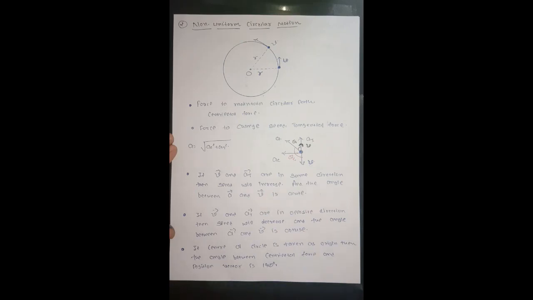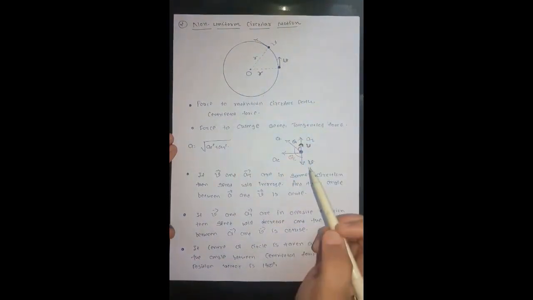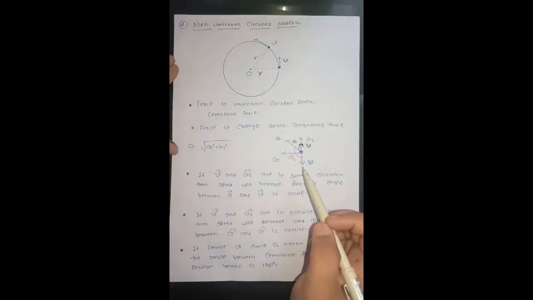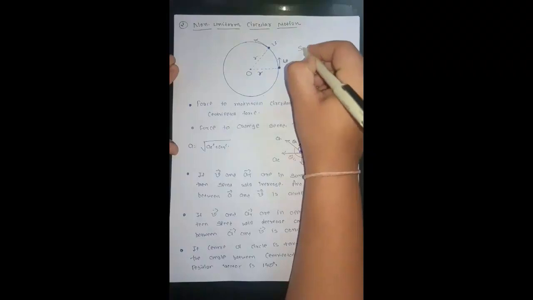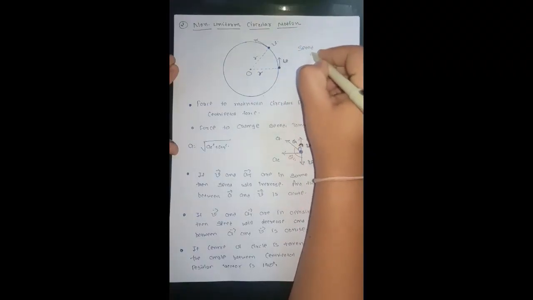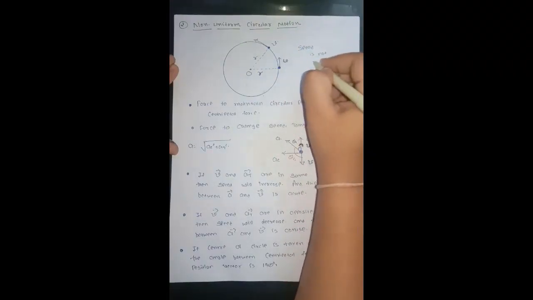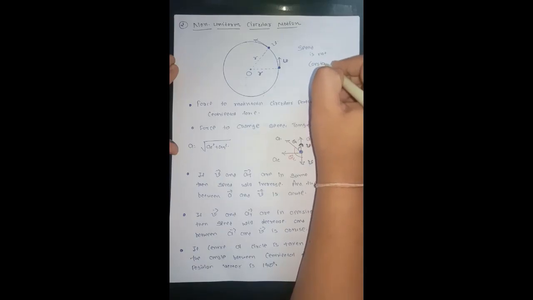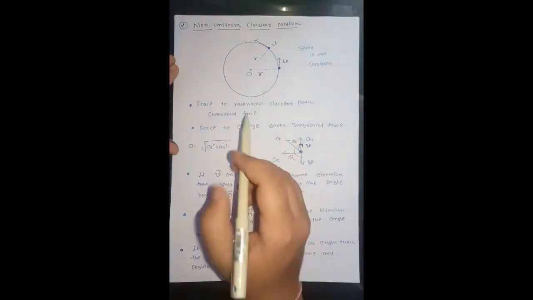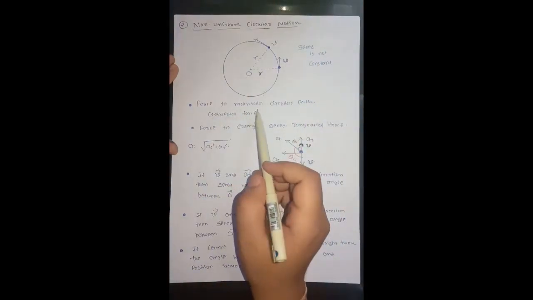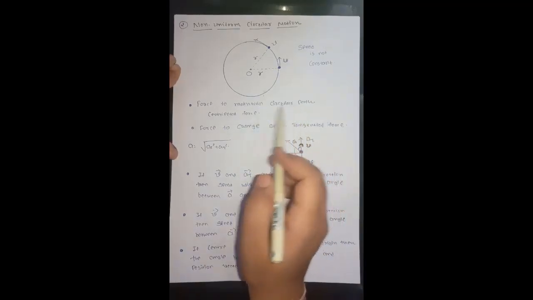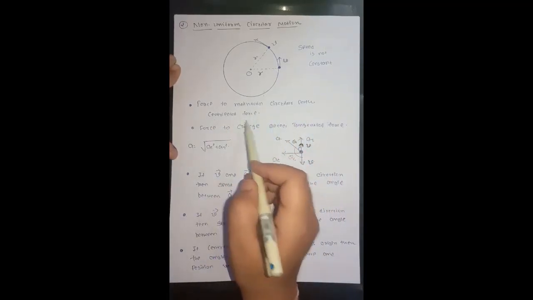The second type of motion is non-uniform circular motion. In this case, the speed is not constant. The force required to maintain a circular path is called centripetal force.